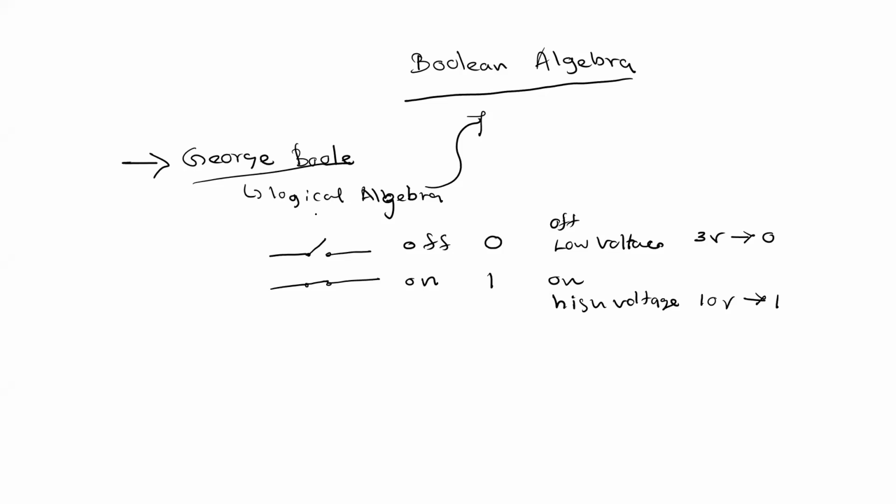For example, if we consider a switching circuit, a switch has two states, probably off state and on state, but the same states could be referred to using low or high voltages as well. So this notation became the foundation for Boolean algebra.